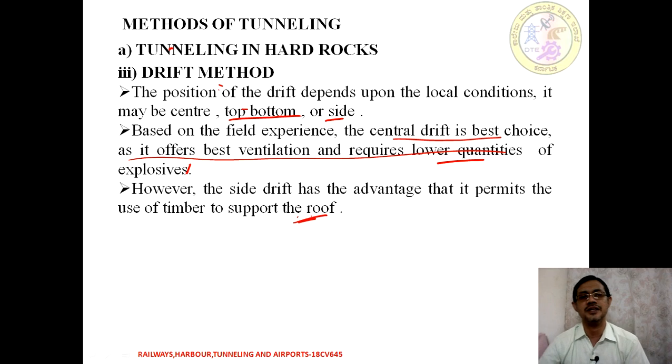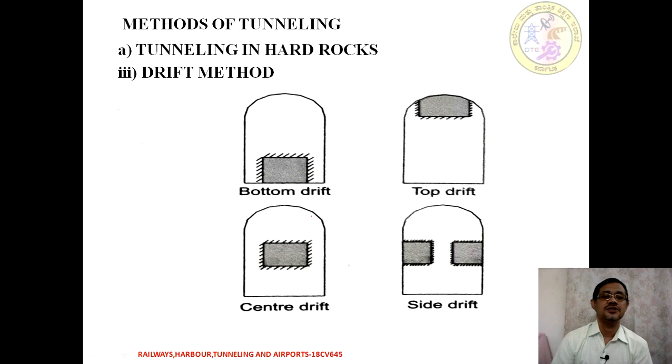So, as I said, whatever the method we adopt, it is always going to be suitable with respect to the local conditions. So, this is the image. It shows that if you start constructing the tunnel from the bottom, we can start drilling the holes and take out the muck and continue the progression.